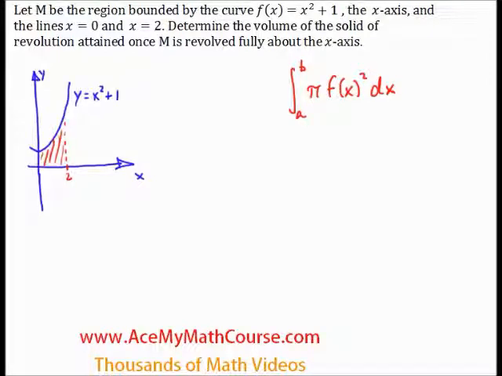Okay, so now let's find the volume of another solid of revolution. It's going to be a great 3D figure that we're going to get here. So let M be the region bounded by the curve f of x equals x squared plus 1, so it's this, the x-axis, and the lines x equals 0 and x equals 2.